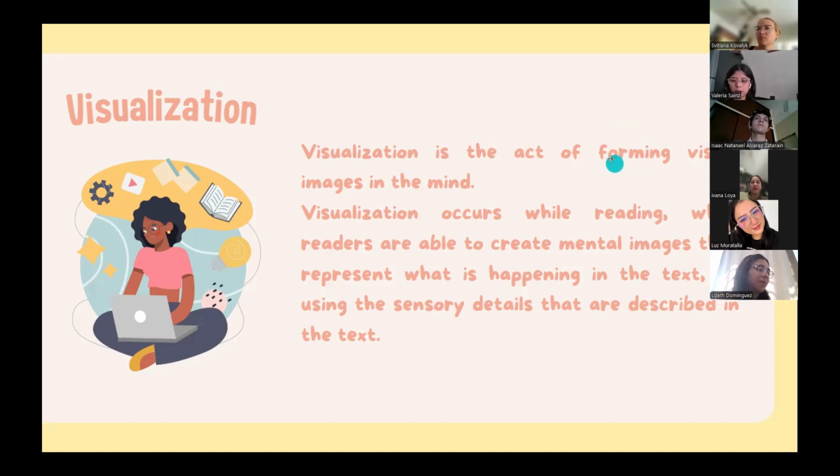By creating these mental images, readers are able to retain important details, understand characters and settings, and recall the sequence of events in a book. It's like having a movie in our mind.